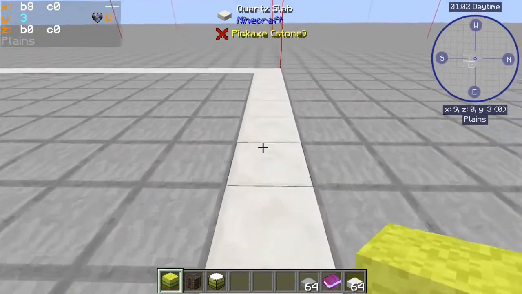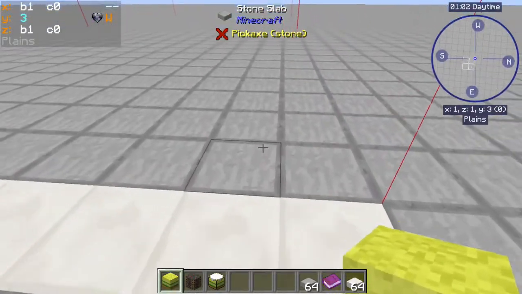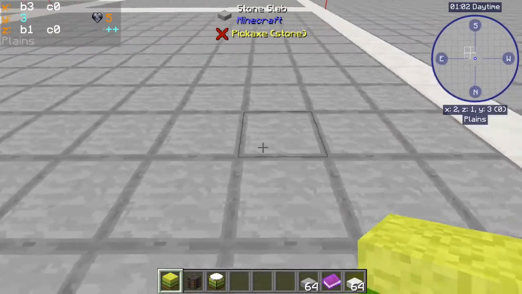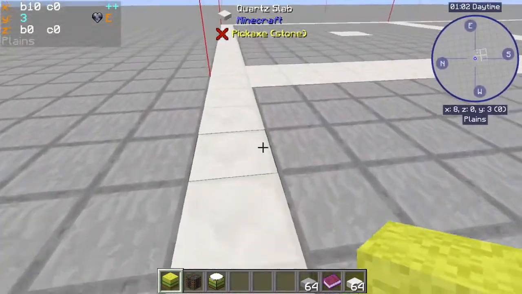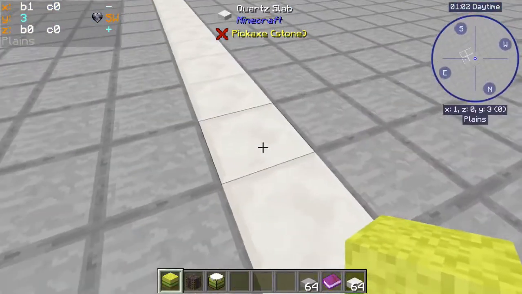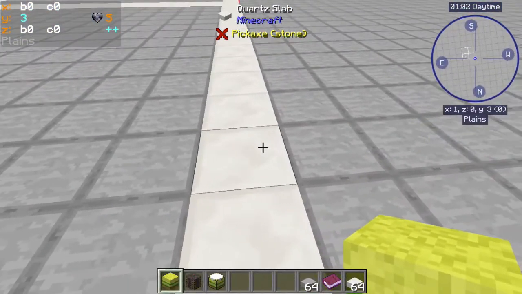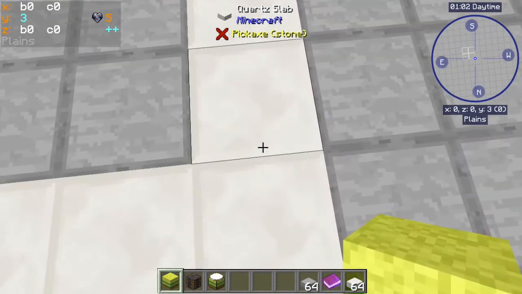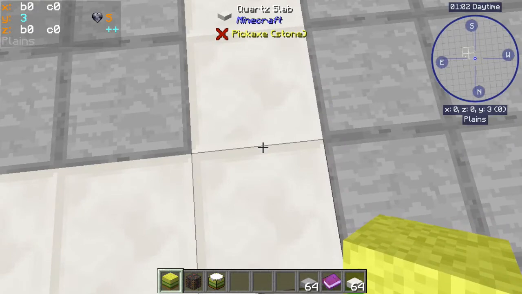Right? So you can see that as I move in the X direction, then my block number increases or decreases actually. So this would be the first block of that chunk here. So now I'm standing on block 1, block 0, chunk 0 of both the X and the Y. So this is the 0, 0 point of the world.